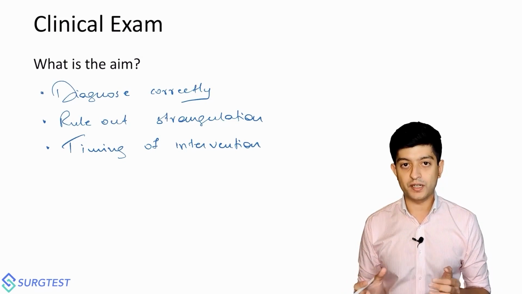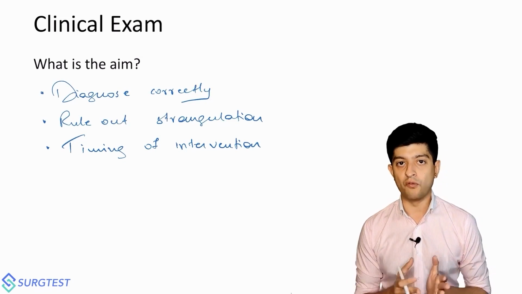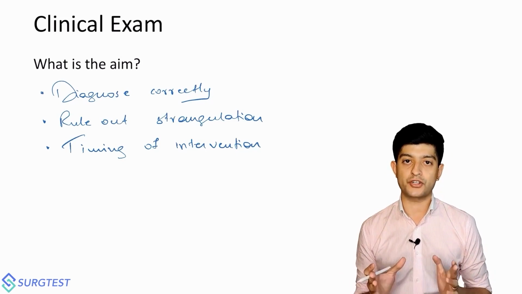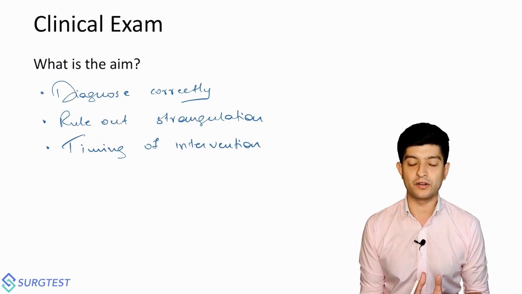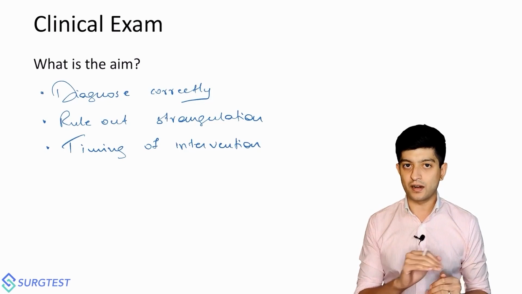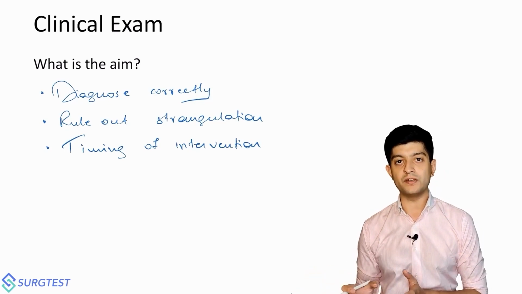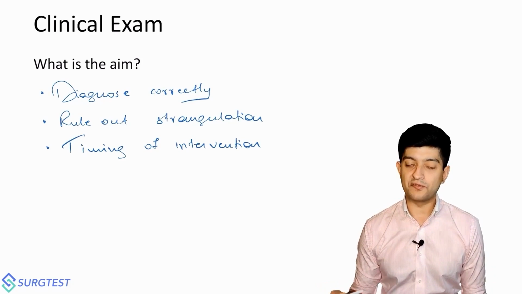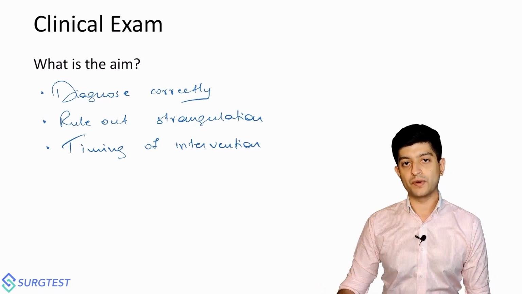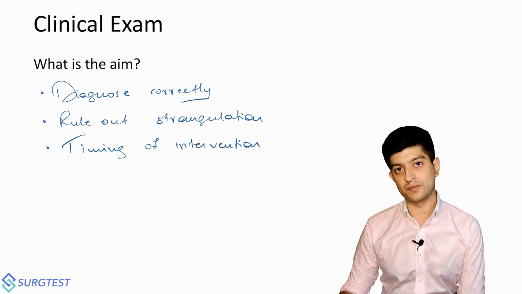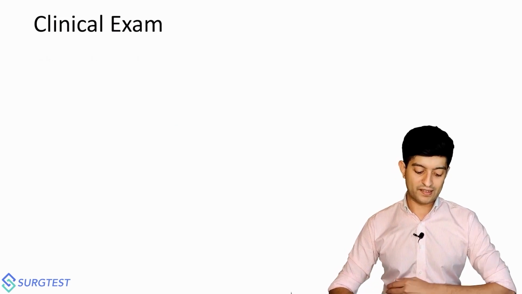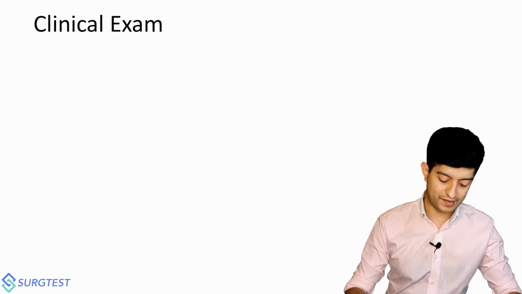You need to be able to figure out how the patient has been doing over a period of time. A vast majority of these patients will undergo a short conservative trial early on. So you need to see the graph of their pulse, BP, what their abdominal findings are, to be able to make an informed decision as to whether this patient is eventually going to need surgery or whether you're going to continue with conservative management.